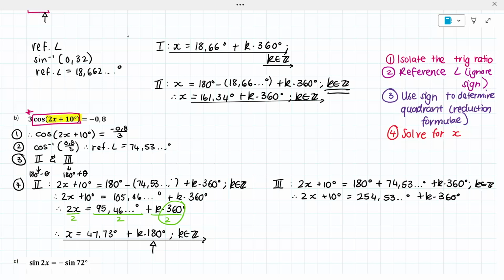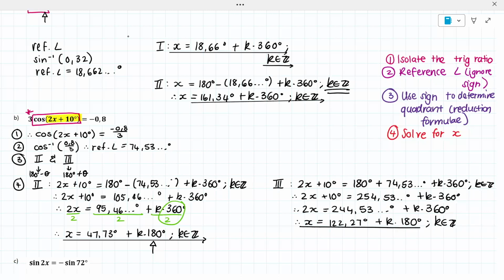K times 360. Subtract 10 on both sides. 2x is equal to 244,53, so on, plus k times 360. Now again, you're going to divide everything by 2, so x is equal to 122,27 plus k times 180.